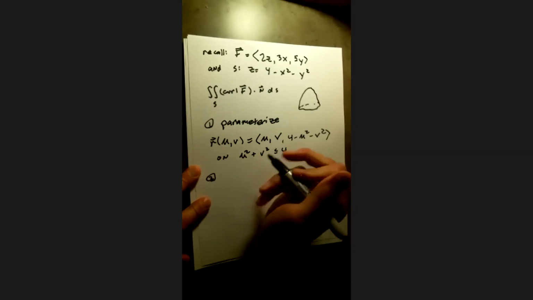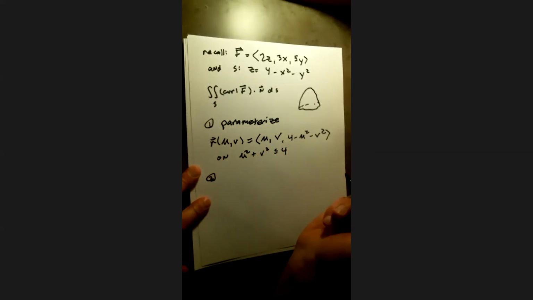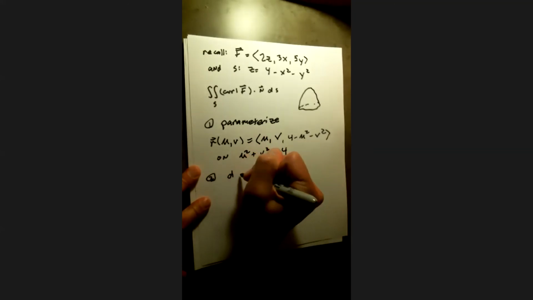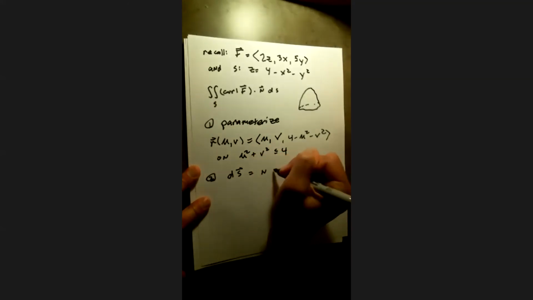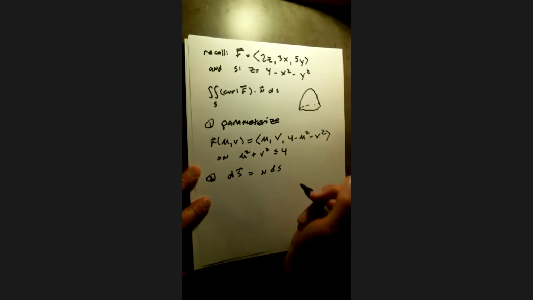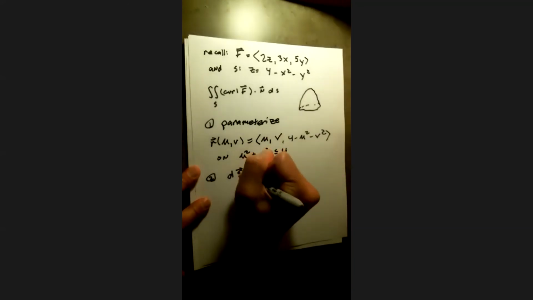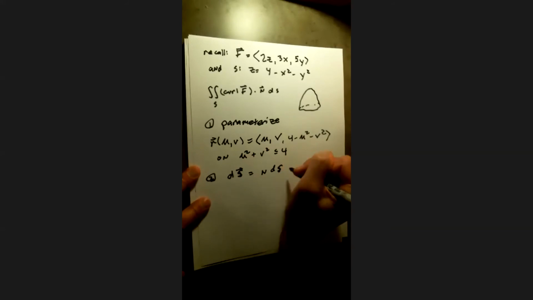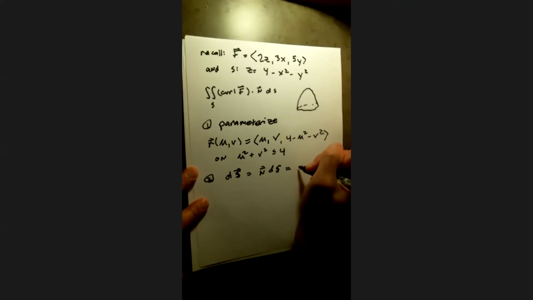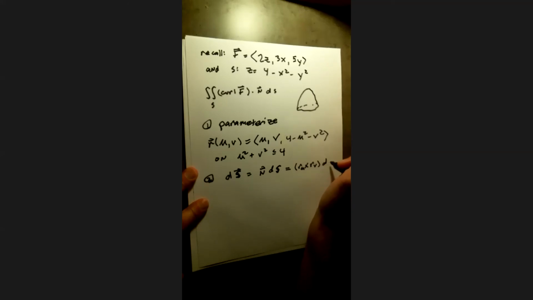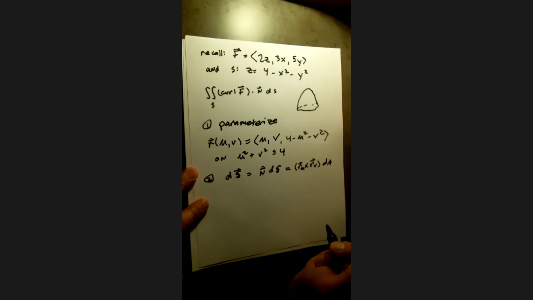So second, we need to find our differential element. In this case, our differential element is dS with an arrow over it, which would be the same thing as n dS. These are all like big S's. And the formula for n dS is Ru cross Rv dA, like du dv.